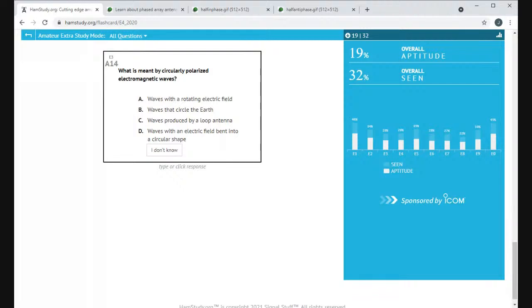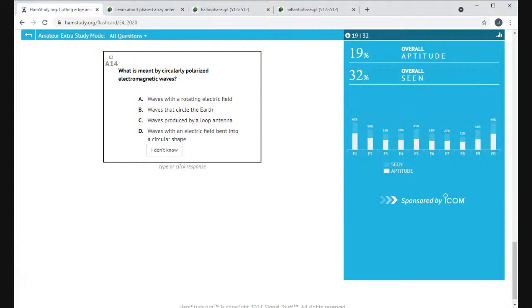What is meant by circularly polarized electromagnetic waves? A. Waves with a rotating electric field. B. Waves that circle the Earth. C. Waves produced by a loop antenna.